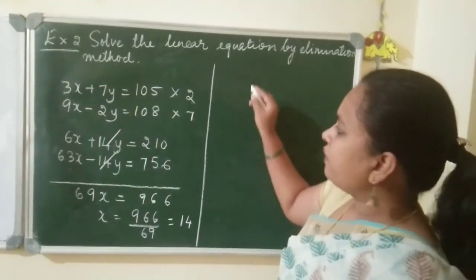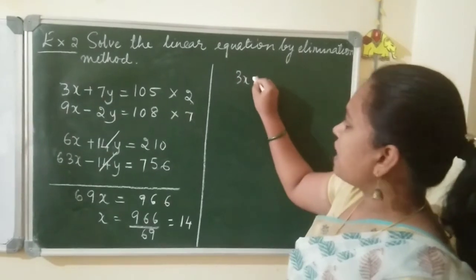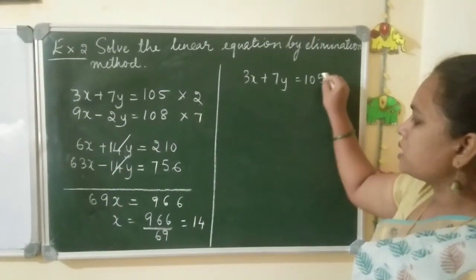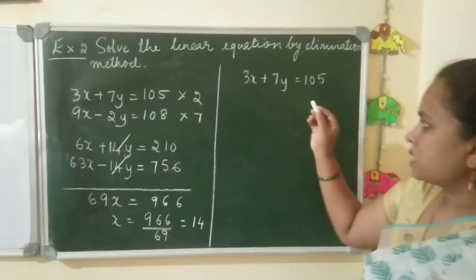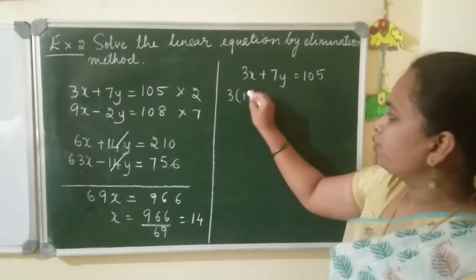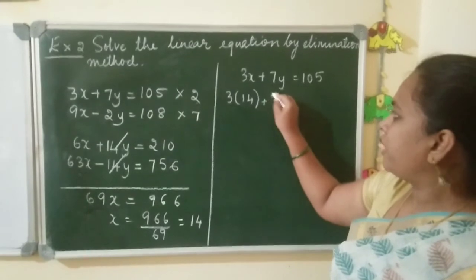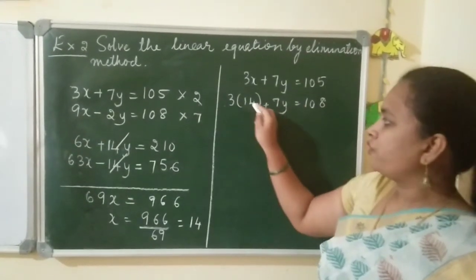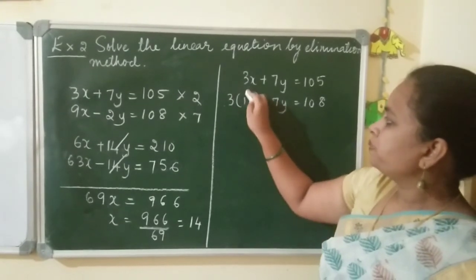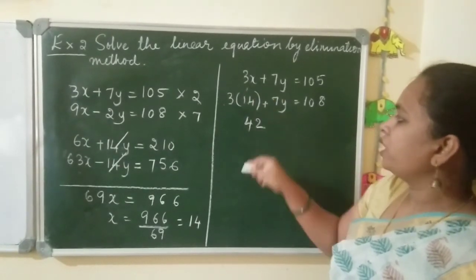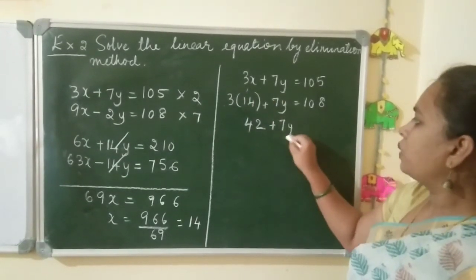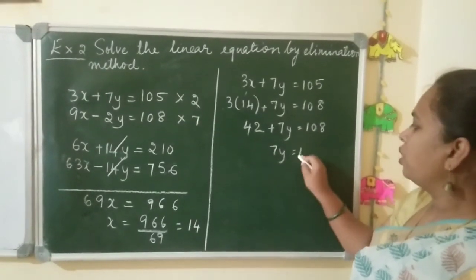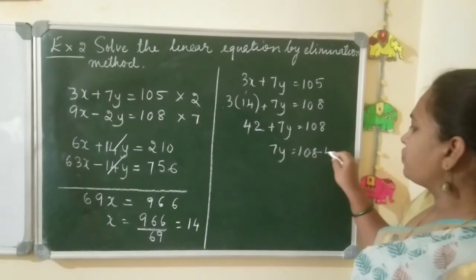So now I will take 3x plus 7y is equal to 105 and I will just substitute the value of x here. So it will be 3 into 14 plus 7y equals 105. So it is 3 4s are 12, 3 1s are 3 and 4, 42, plus 7y equals 105. So 7y is equal to 105 minus 42.